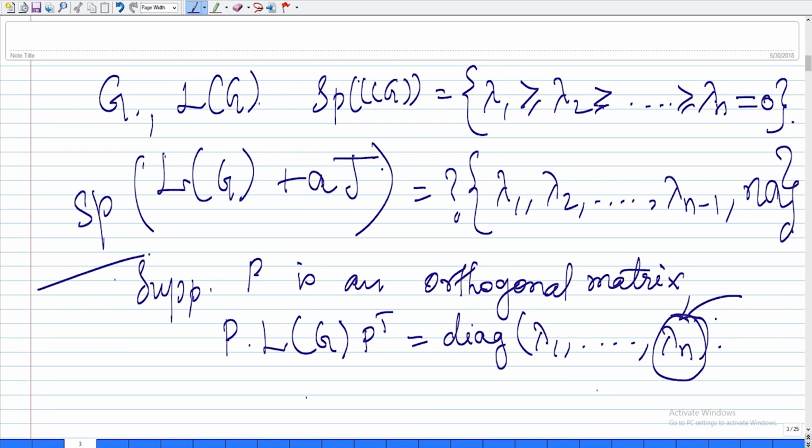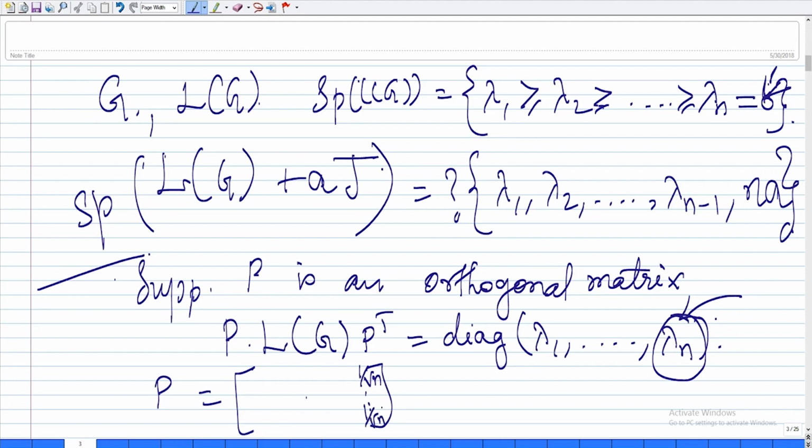We know how my eigenvector is going to look for the 0 eigenvalue: all ones, right? The components of this eigenvector are all going to be equal. So, in particular, let us choose the orthogonal matrix with the eigenvector 1 over root n in place of 1.